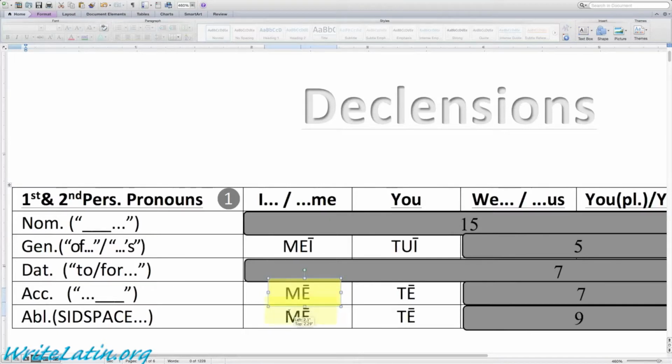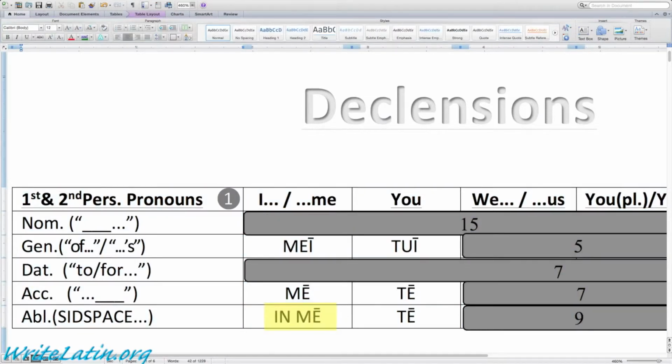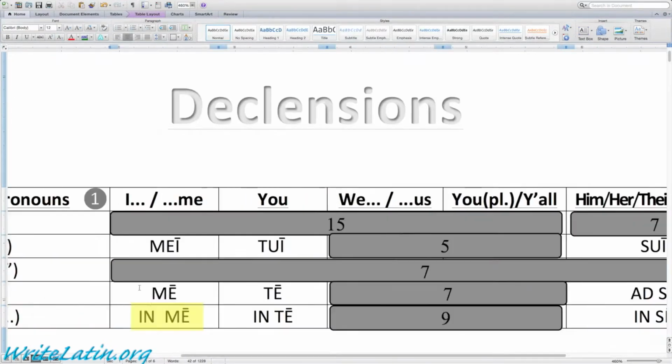And strangely, you'll notice that the ablative form has the exact same appearance, although the sound is different. So like me in the prepositional phrase in me, in you, in oneself. And if you remember, we had the preposition that takes an accusative, ad.